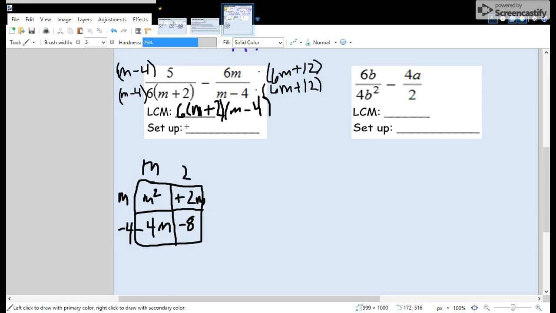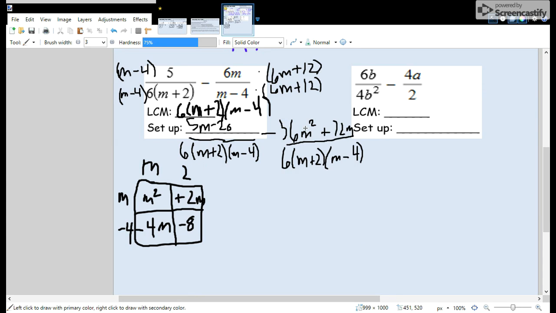So when we write that out, we have 5m minus 20 all over our LCM, and then minus 36m squared plus 72m all over our LCM. And that would be our setup form.